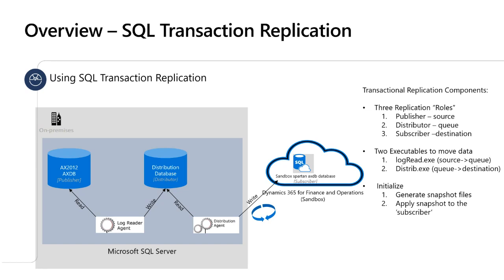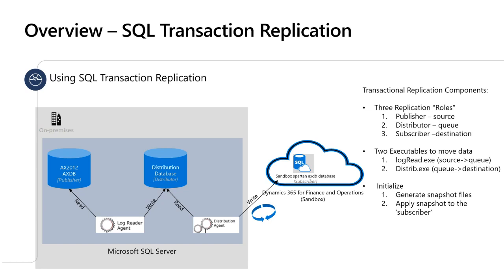This database stores metadata, history data, and transactions for distribution purposes from source to target. Then we have subscriber, a database instance that receives the replicated data. In this case, it's your sandbox finance and operations database, right? That's my target. So we have publisher, distributor, subscriber.